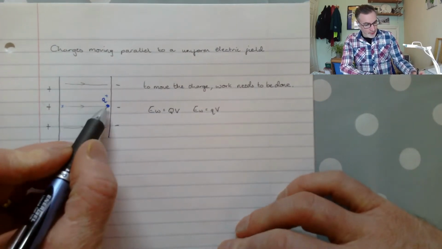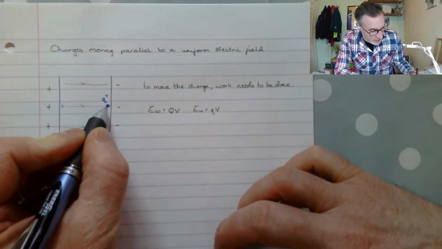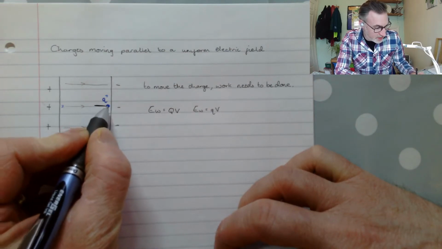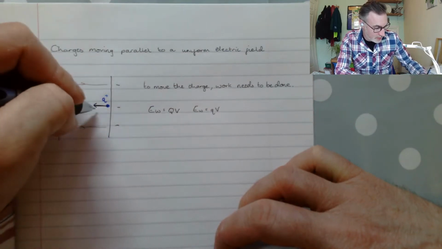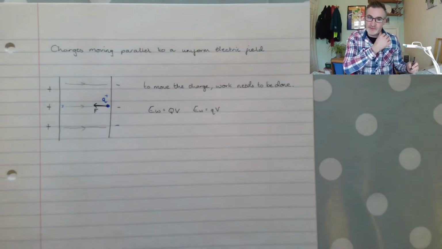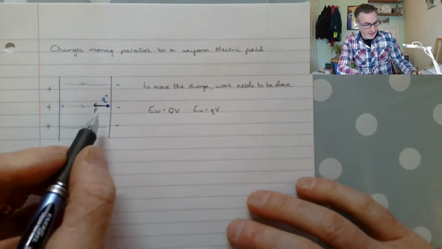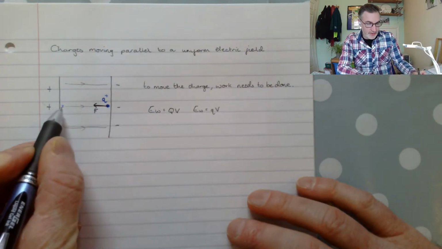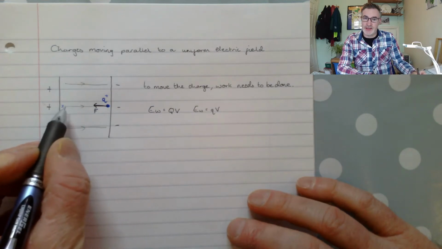As you move the charge, you're going to apply a force to move it against the field. That's going to require a force, and the distance that you move it through, force times distance, will be equivalent to energy as well.